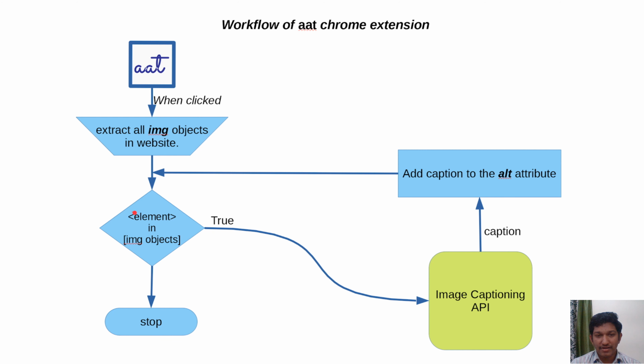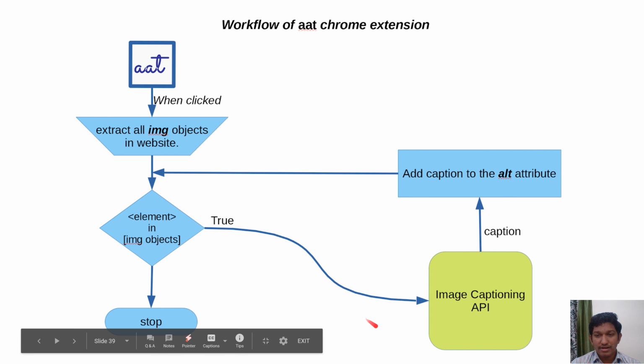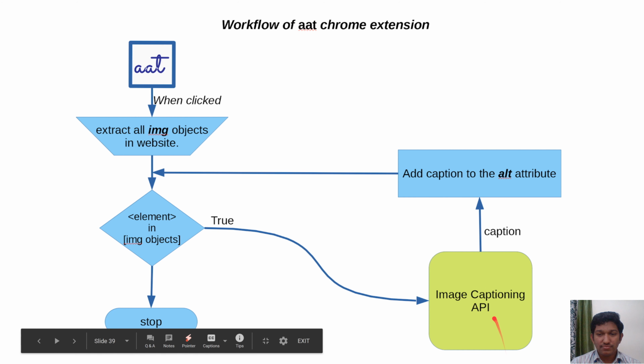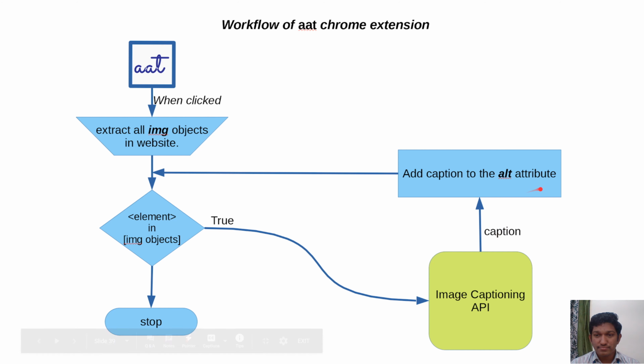For every image object, the image.src value, which holds the URL, is sent as a request to the image captioning API. The API provides a caption as the response to the client, to the browser.